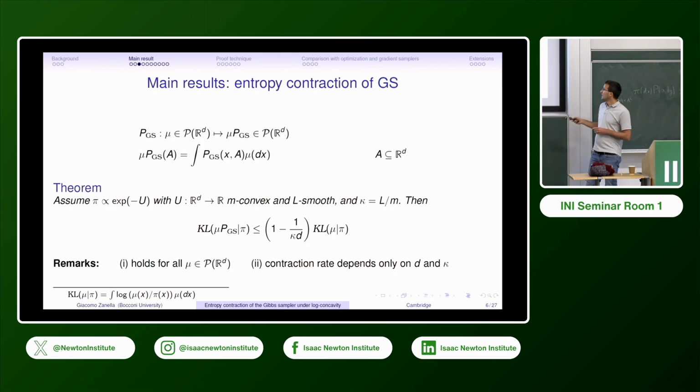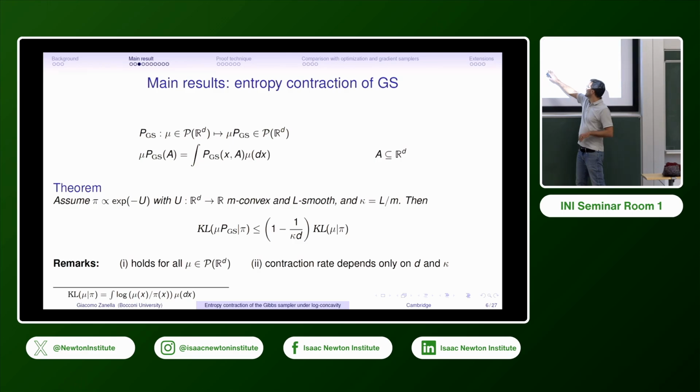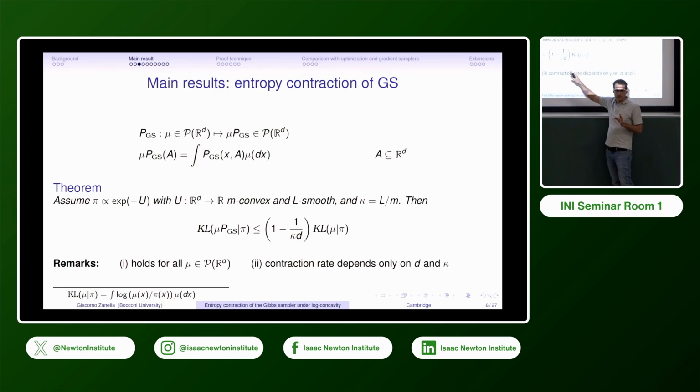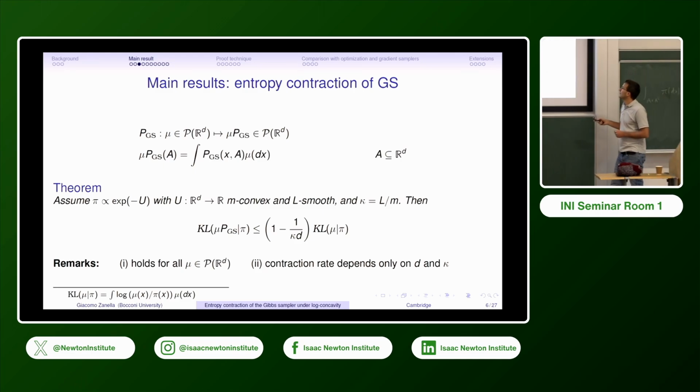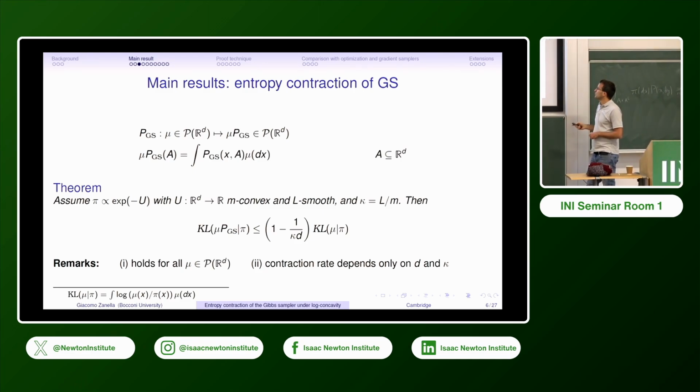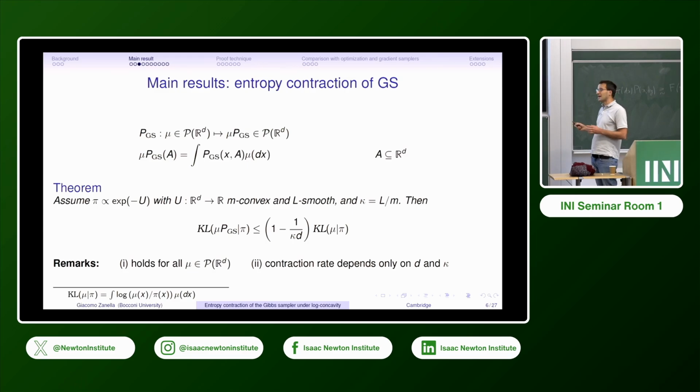So this theorem requires no additional assumption beyond what is written here and holds for any distribution mu. Obviously, if you take a distribution mu which has an infinite relative entropy to pi, the statement is kind of vacuous. So you can say that it works for any distribution which has a finite relative entropy to pi, but then the coefficient is uniformly bounded with respect to mu. Okay, so that's the first feature. And the second feature is that there's no hidden constant, and the contraction rate is fully explicit in kappa and D, which are typically the main parameters of the problem.